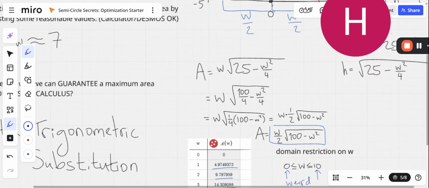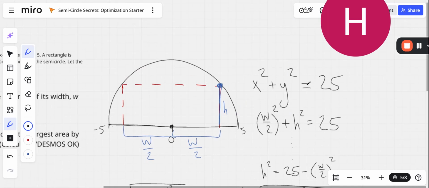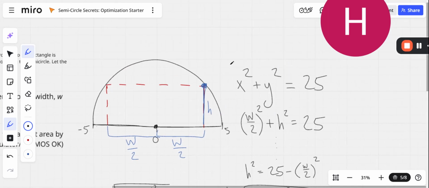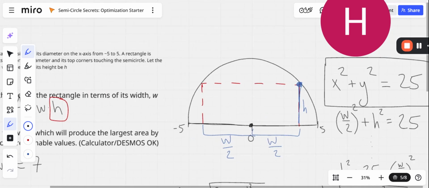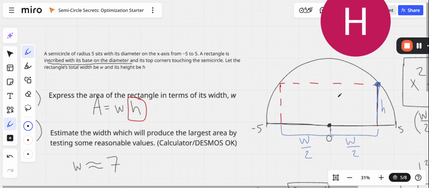The highlights of this problem include being able to represent a word problem in a situation, extract the equation of a circle, and use this equation, which we would call a constraint equation. Constraint because the rectangle must be inscribed with its base on the diameter and the top corners touching the semicircle. So I'm constrained by the actual circle itself.